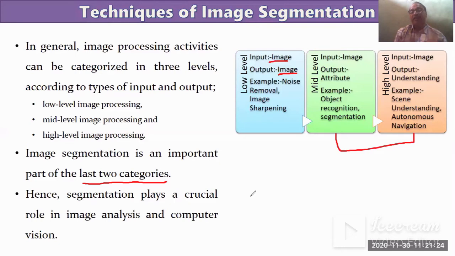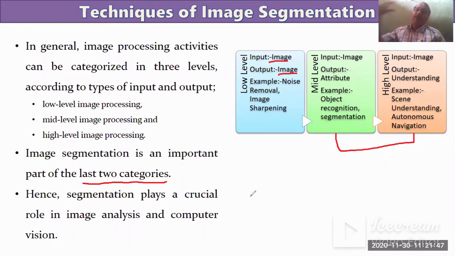All these parts are related to the low level of the image. So input is image, output is image. But from this part we can study input is image, but output is an attribute. Output is some specific piece of information. We can find some characteristics of the image or characteristics of the object. So that's why input is image, but output is not image.